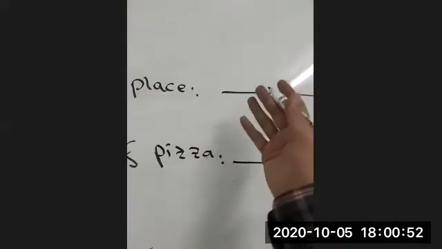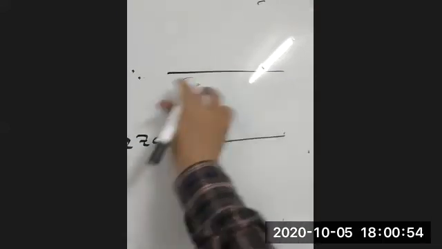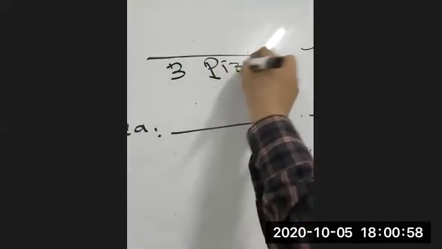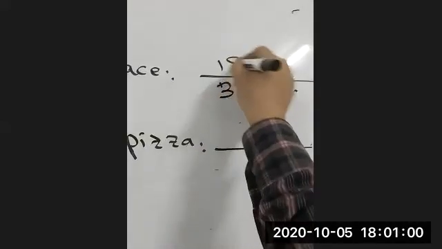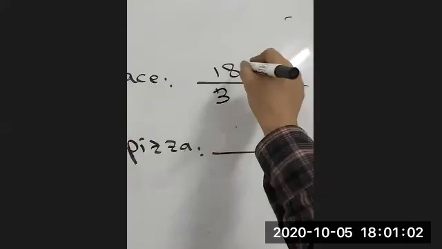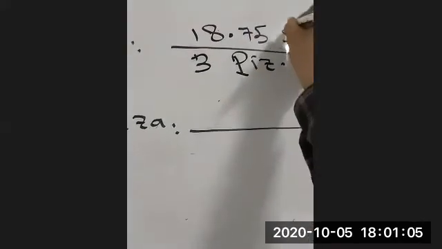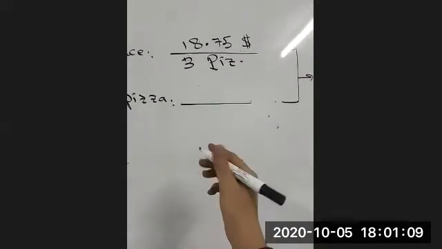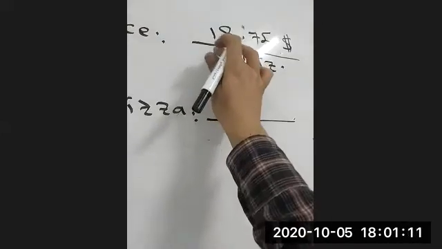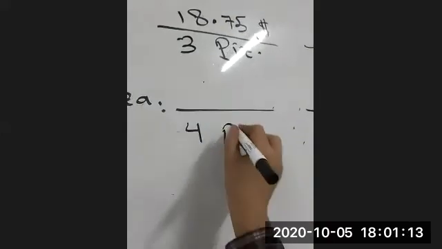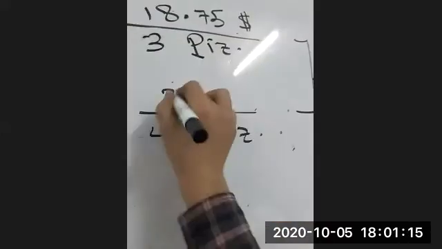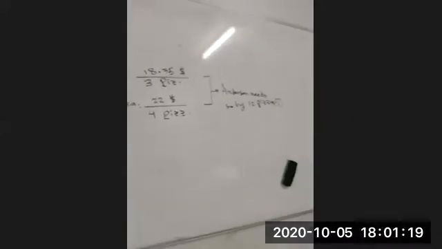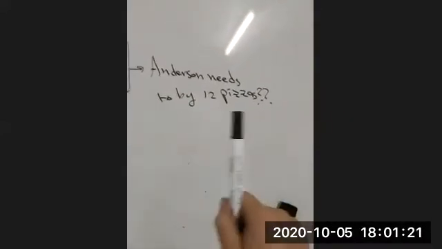Look here, I will make my rate now: 3 pizzas in how many dollars? 18.75, right? At Mario's, how many pizzas? 4 large pizzas for $22, correct.